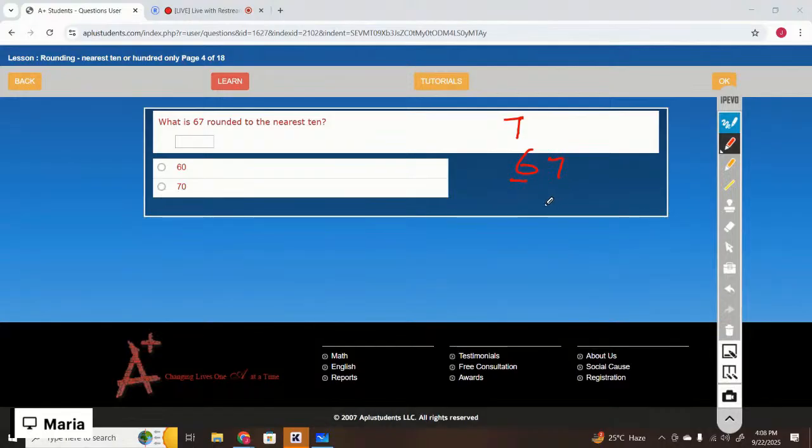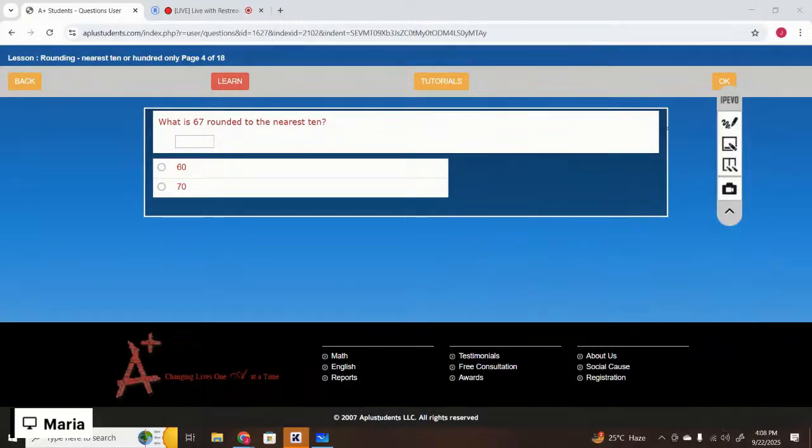Right next to 6 you have 7. 7 is greater than 5, so you need to round up. So 67 is rounded to 70. Option number 2 is the correct option. 70 it is.